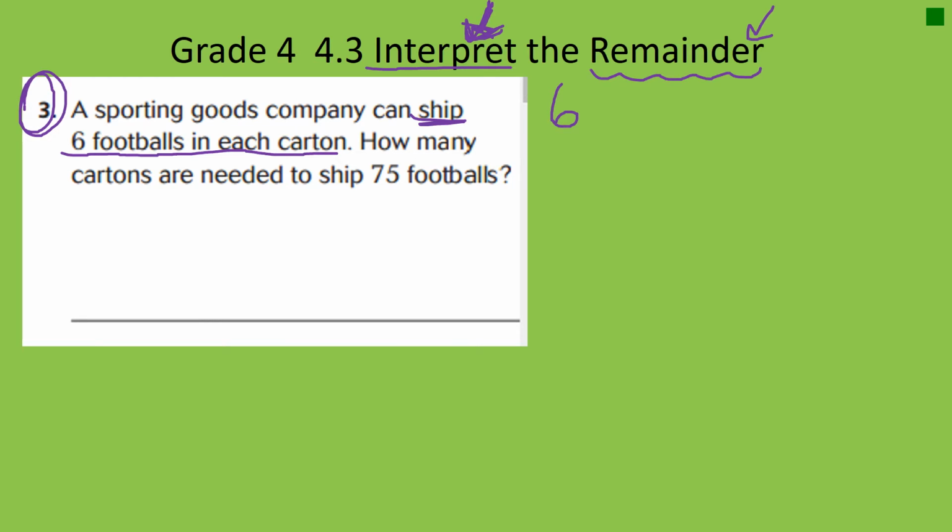All right, let's see here. 6 footballs go in 1 carton, right? So 6, 12 footballs. That would be 2 cartons. Do you see how I'm writing the multiples of 6? 6 footballs, that's 1 carton. 12 footballs, that's 2 cartons because only 6 fit in a carton. 18, that's 3 cartons, right?